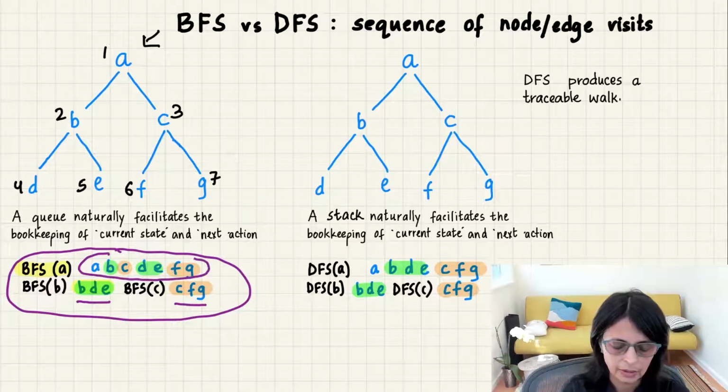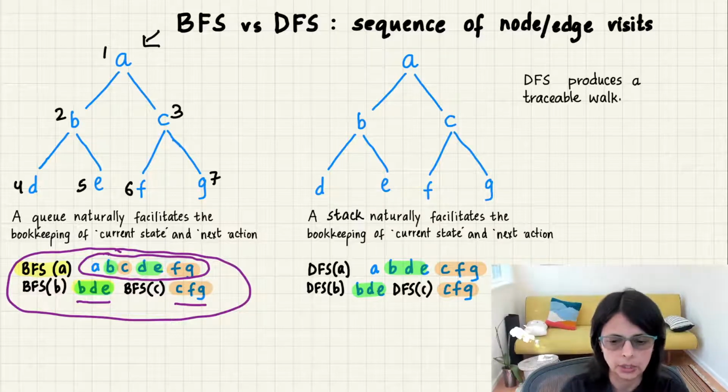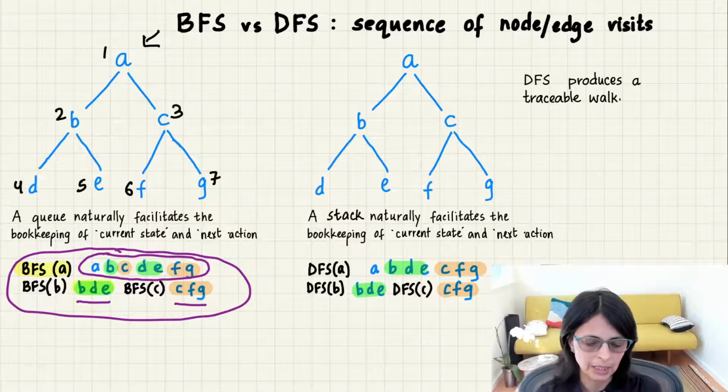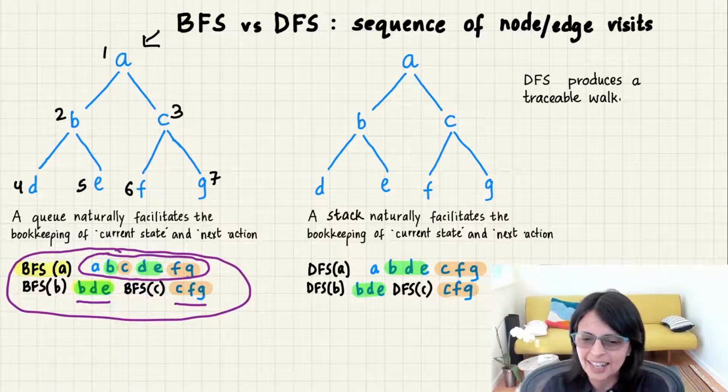And as you can see, B, D, and E, which is the sequence in which breadth first search of B will visit the 3 nodes underneath B, it's not all together in breadth first search of A. And the reason I'm pointing it out is that breadth first search of A doesn't include inside of it breadth first search of B. Breadth first search of B is kind of scattered a little bit.